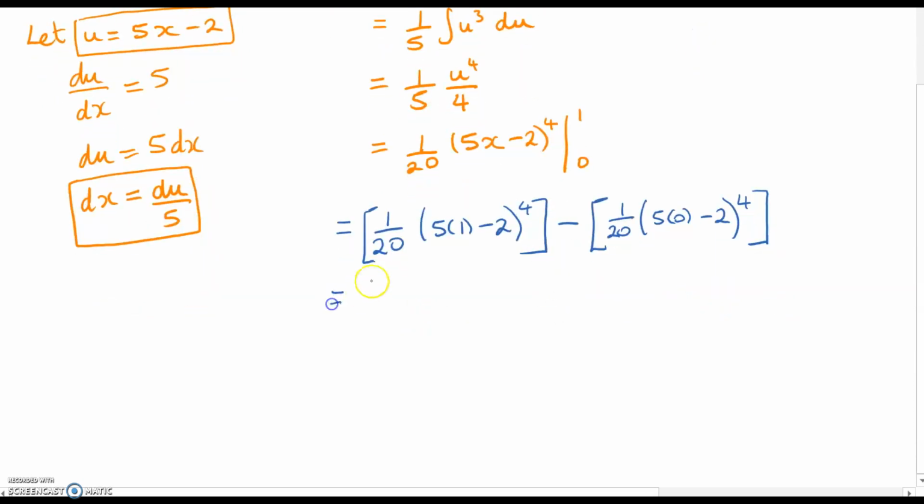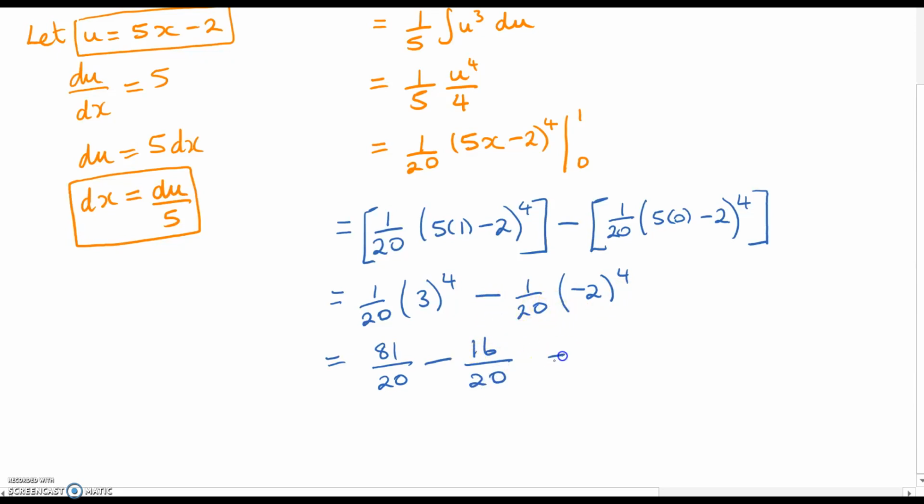That's going to give us 1/20th of 3 to the power of 4 minus 1/20th of negative 2 to the power of 4. 3 to the power of 4 is 81, so that's 81 over 20, minus negative 2 to the power of 4, which is positive 16, so minus 16 over 20.